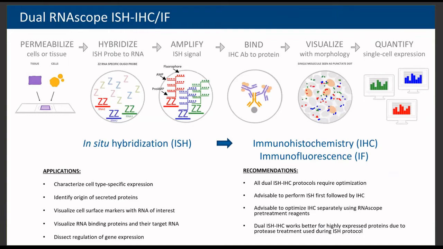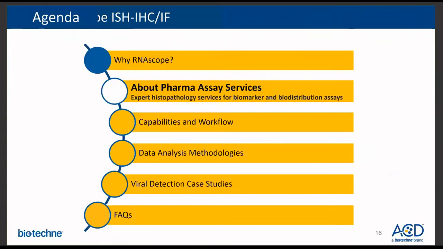So I think this is our last RNAscope ISH IHC technology that we wanted to give you an overview of. Now we'll move on to our team, Pharma Assay Services, and what we have to offer as a group.